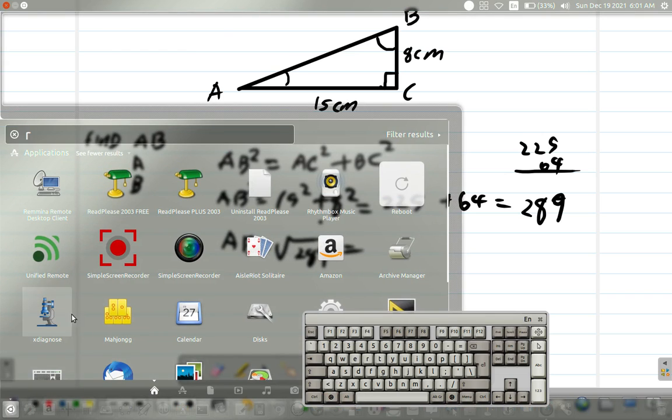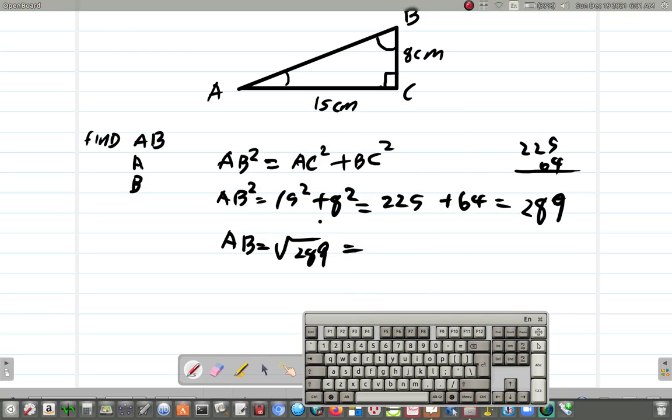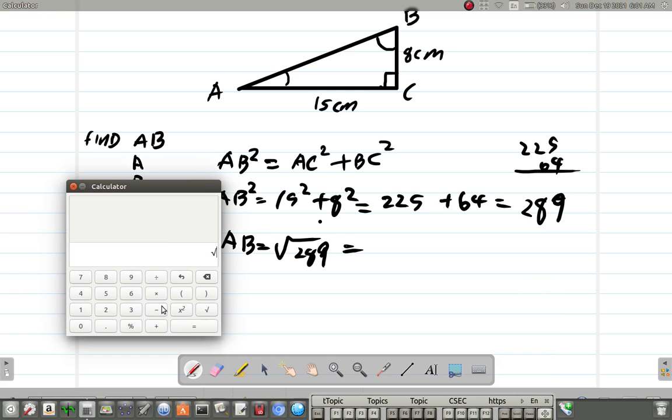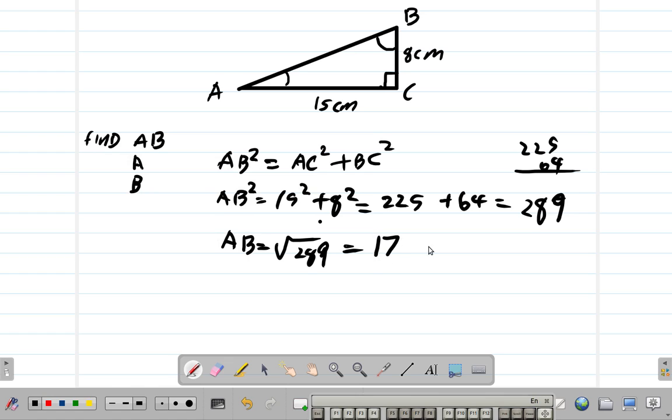The square root of 289 equals 17. Nice. So it's 17 cm. So we see here that it is 17 cm.